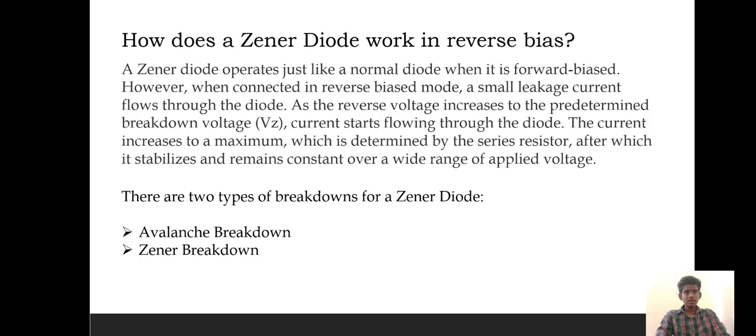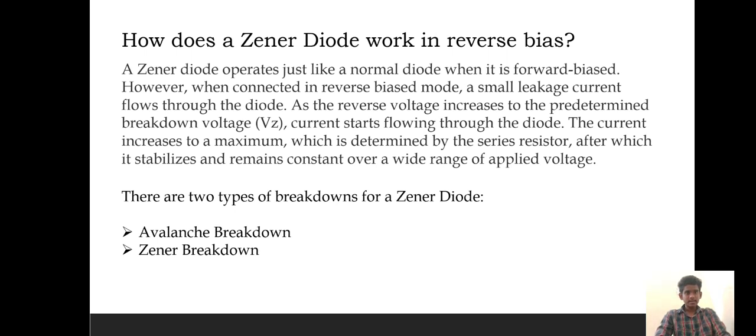How does a Zener diode work in reverse bias? A Zener diode operates just like a normal diode when it is forward biased. However, when connected in reverse biased mode, a small leakage current flows through the diode. As the reverse voltage increases to the predetermined breakdown voltage, current starts flowing through the diode.